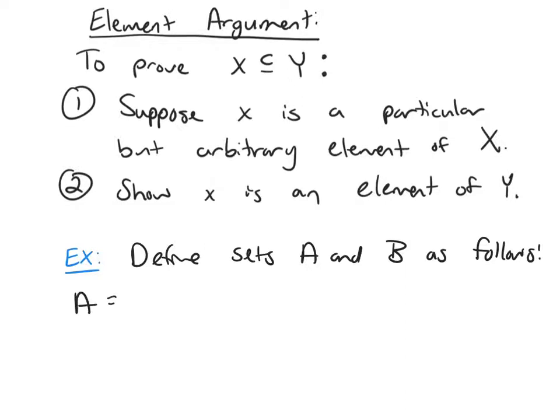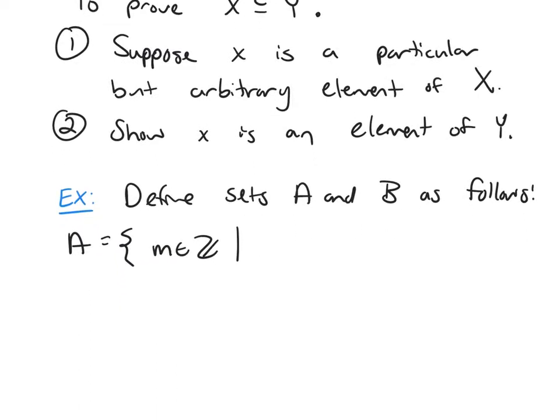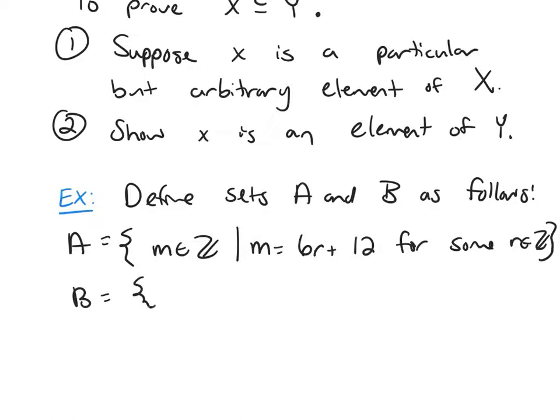A is going to be the set of integers m in Z, where you can write m as 6 times r plus 12 for some integer r in Z. And B is going to be the set of integers n in Z, where you can write n as 3 times s for some s in Z.